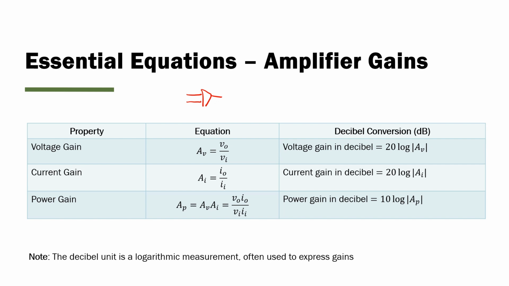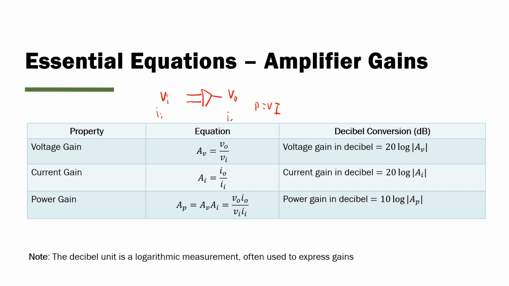If we have V in and V out of this amplifier, the voltage gain is just V out divided by V in. If we have an input current and an output current, we can calculate the current gain by dividing the output current by the input current. And as you may know, power is just equal to voltage times current. So naturally, the power gain is just the gain in voltage multiplied by the gain in current.